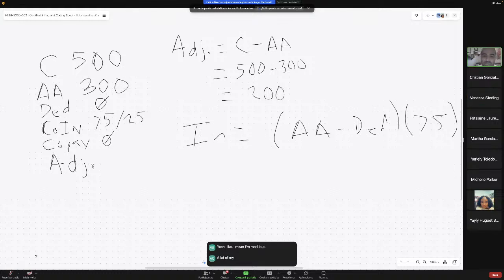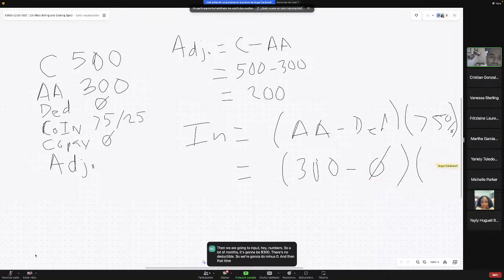Allowed amount minus deductible times 75%. And then we are going to input the numbers. So allowed amount is going to be $300. There's no deductible, so we're going to do minus 0. And then that times 75%.